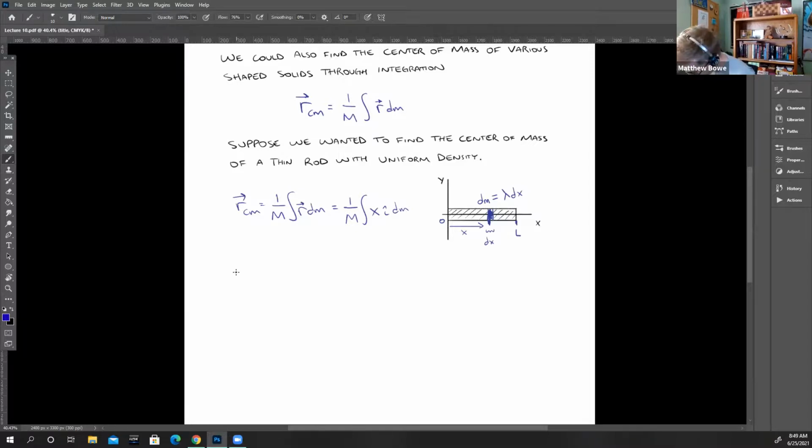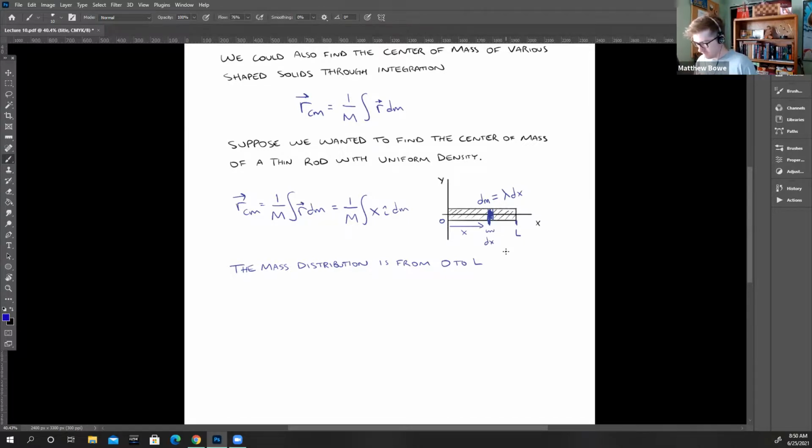The mass distribution is from 0 to capital L, just for however long this thin rod is.